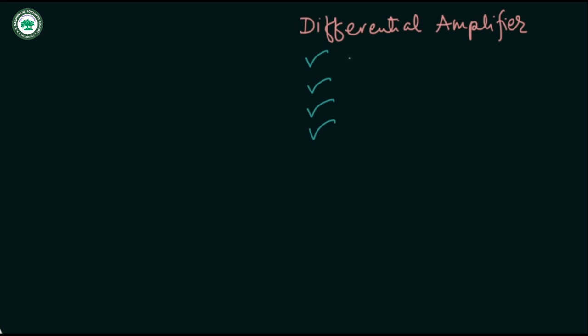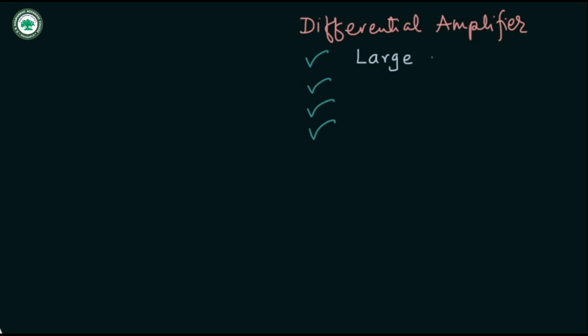It is widely used in the operational amplifier, or we can say that it is the basic gain element of the operational amplifier, and therefore it is preferred in almost all linear integrated circuits where we are going to prepare this operational amplifier.